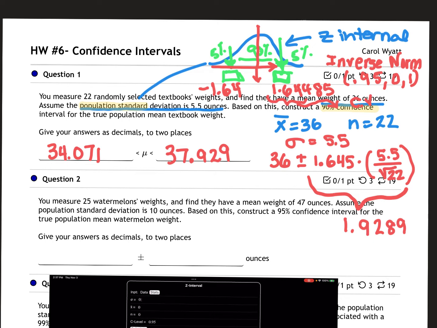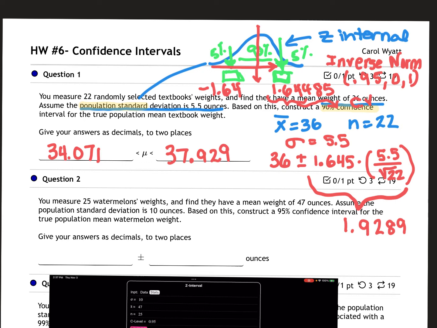They told me that my population standard deviation was 10 ounces, that my mean was 47 ounces, that my sample size was 25 watermelons, and that my confidence level was 95%.